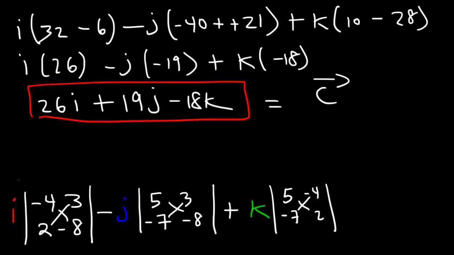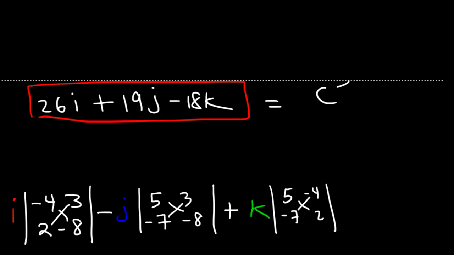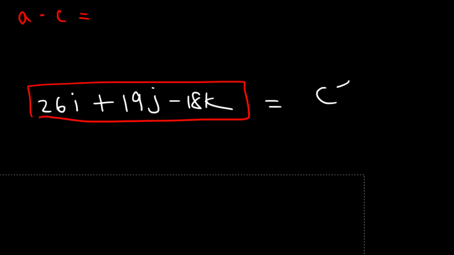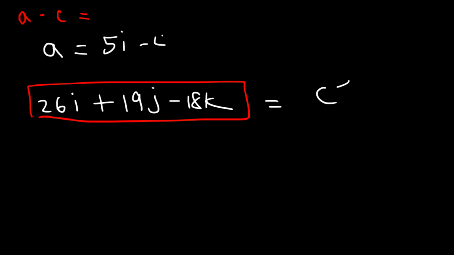Now, just to make sure that we have the right value, let's test the dot product of A and C. Let's make sure it's equal to 0. If you recall, vector A is 5i minus 4j plus 3k.